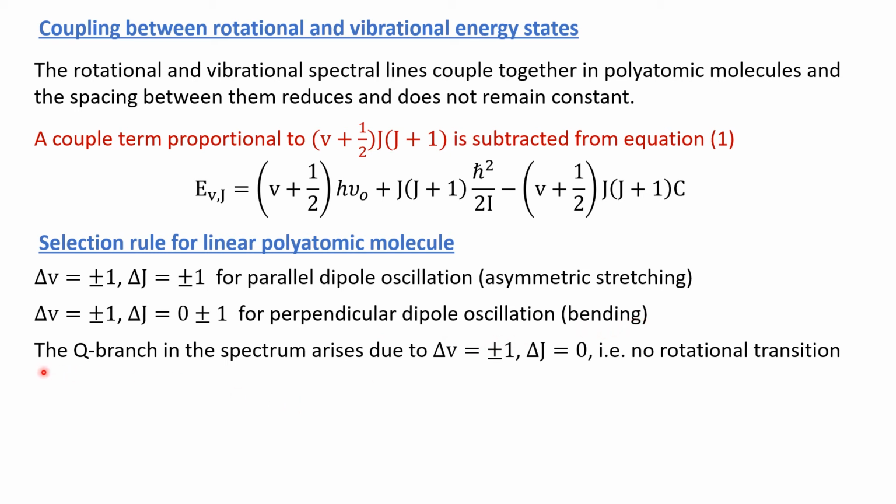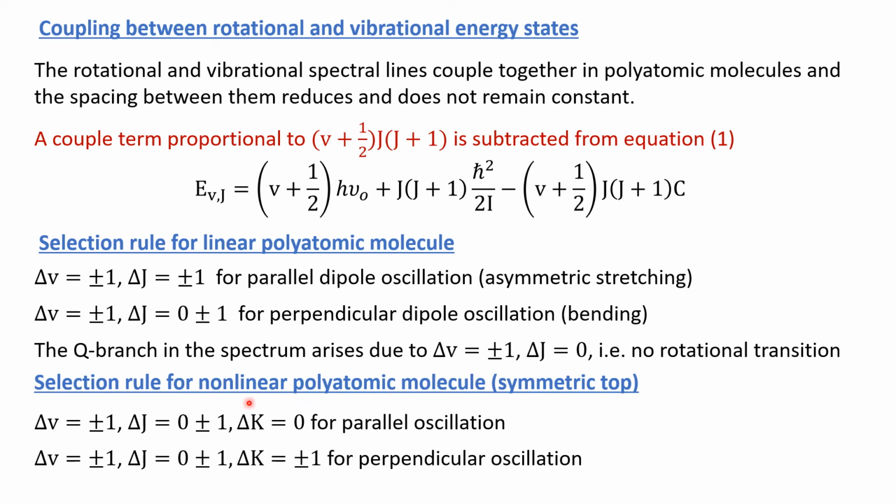And when we talk about the Q branch, there is no rotational transition associated. So we only have the selection rule delta J is equal to plus minus 1 or delta J is equal to 0.